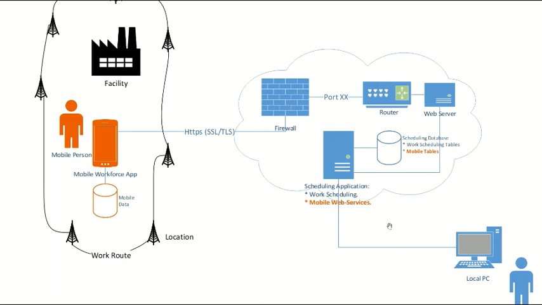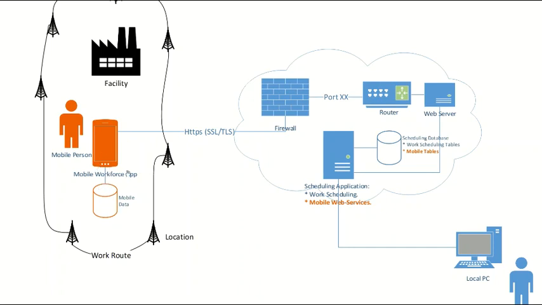And then I have all sorts of technology, which is simplified by this diagram here. But just to say the essentials, I'll have a scheduling database and an application server with a scheduling application on it. And that will present data via web server and routers through a firewall with connected ports to a mobile device, which will have mobile data.